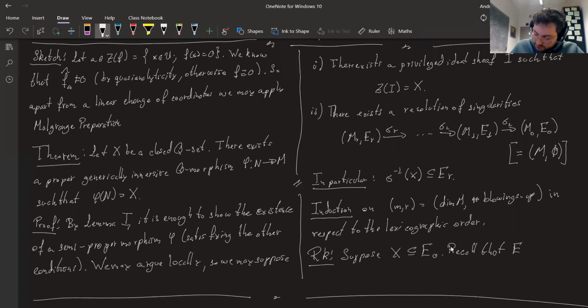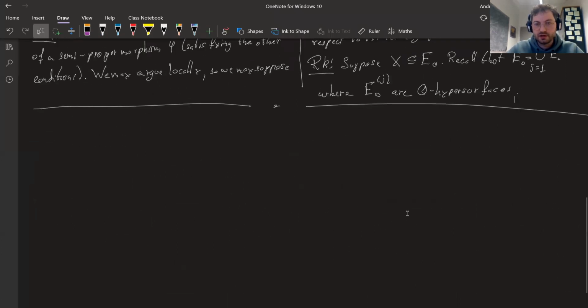that E0 is some union, J from 1 to some S, where E0J are smooth hypersurfaces. So now the result will follow in a simple way by the induction.